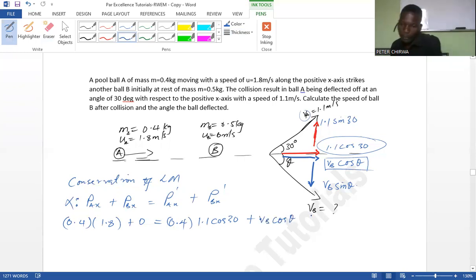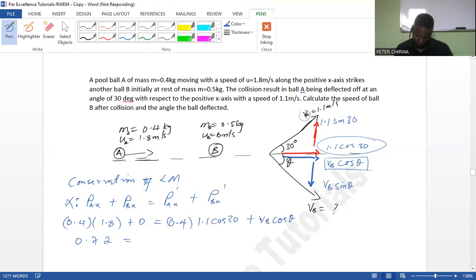So we have 0.4 by 1.8, what we have is 0.72 being equal to 1.1 cos 30 times 0.4. Sorry, here we multiply by the mass, which is 0.5, to make momentum like that. All right, we haven't cancelled anything.